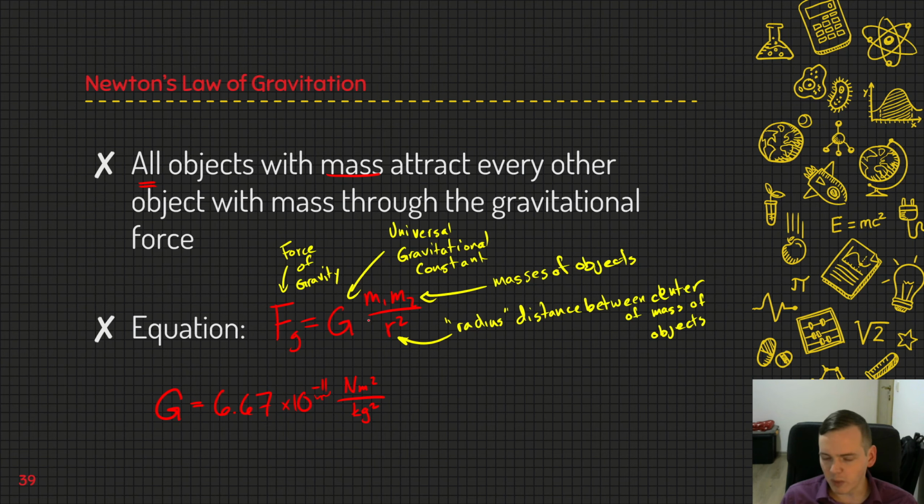Say they're 1 meter apart. You have 100 times 6.67 times 10 to the negative 11th. So 100 squared is going to be 10 to the second squared, which would be 10 to the fourth. So we're looking at two people, 1 meter apart.